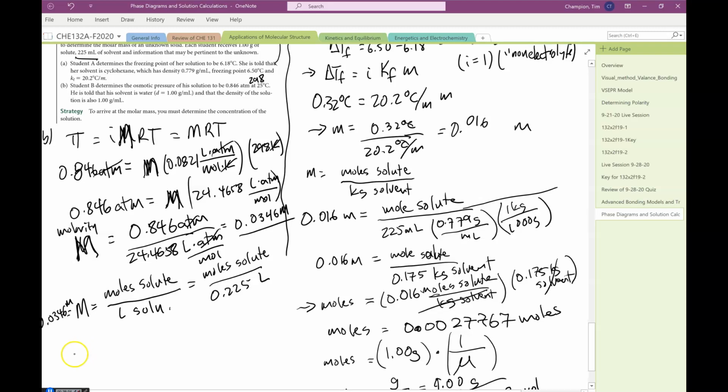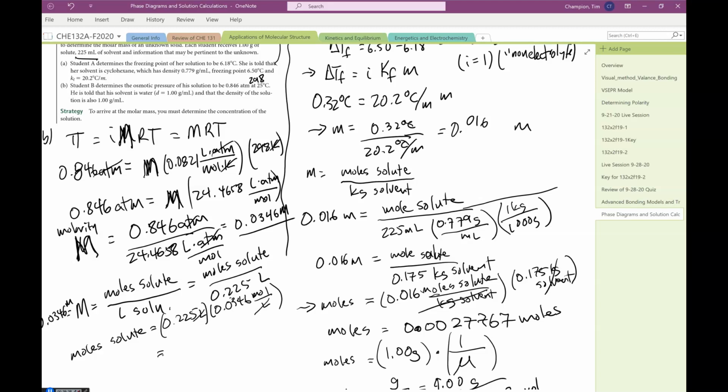So if I rearrange my equation, I've got moles of solute is equal to 0.225 liters that I multiplied across, and then the molarity is 0.0346. That's moles over liters, so liters cancels out, and so we're going to get 0.225 of that, so that's about 1/5 of what we had.